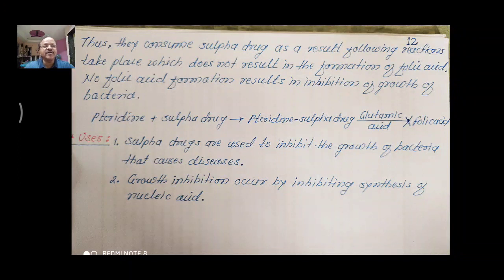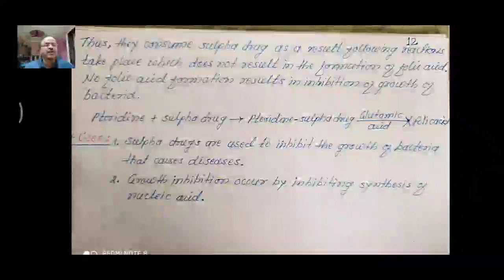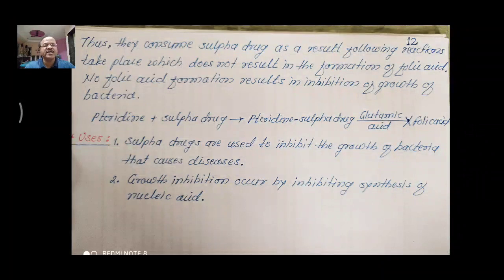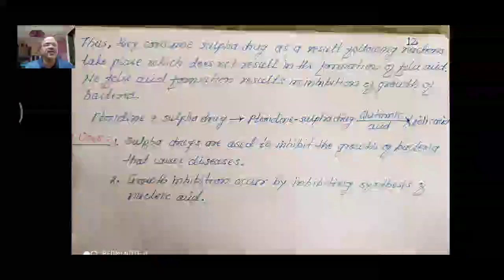In the earlier reaction, the pteridine reacts with PABA, but when the bacteria consume a sulfa drug, the pteridine will react with that sulfa drug, and there is formation of a pteridine sulfa drug complex, and on reaction with glutamic acid we will not get folic acid.